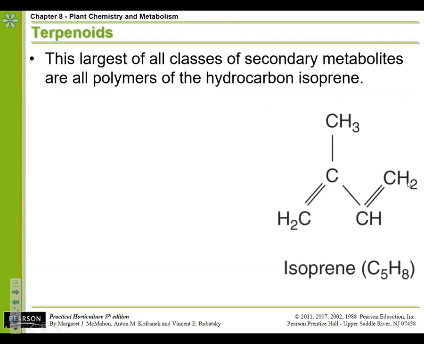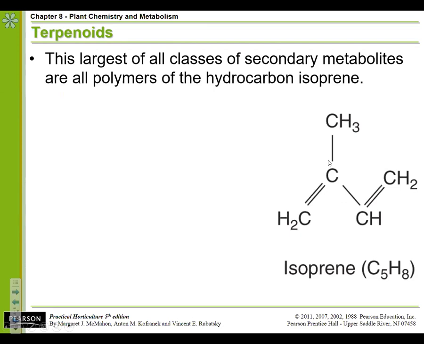Then we also have terpenoids, which is the largest of all classes of secondary metabolites. These are polymers of the hydrocarbon isoprene, the structure of which is here. The terpenoids are often involved in the different odors and flavors.